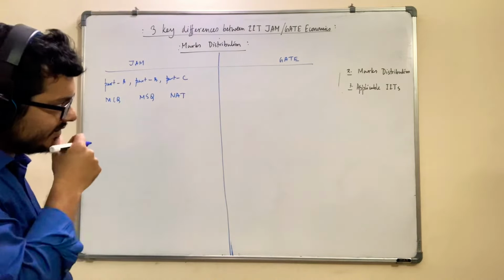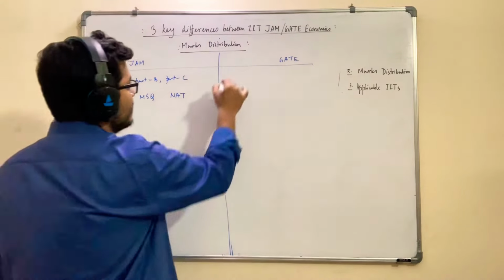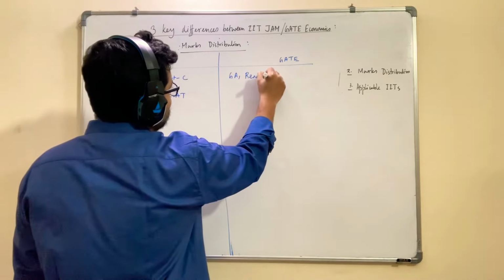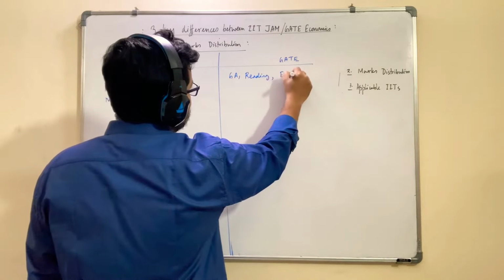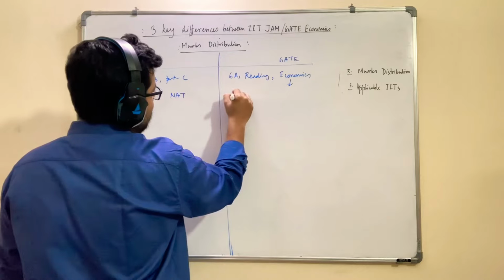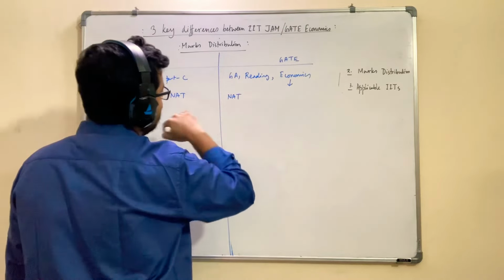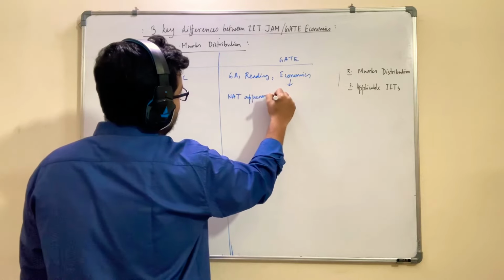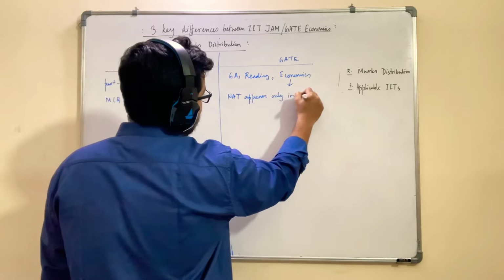But for GATE, this is not so, because GATE has questions of GA and then questions of comprehension and then questions of economics. So here the first important thing is NAT, that is numerical questions. NAT appears only in economics.